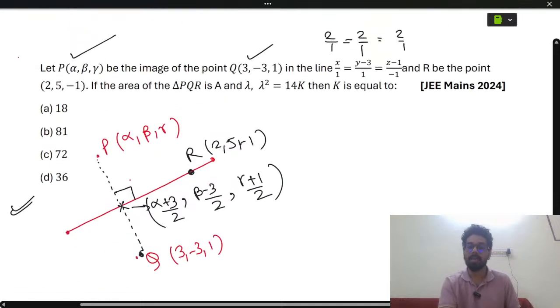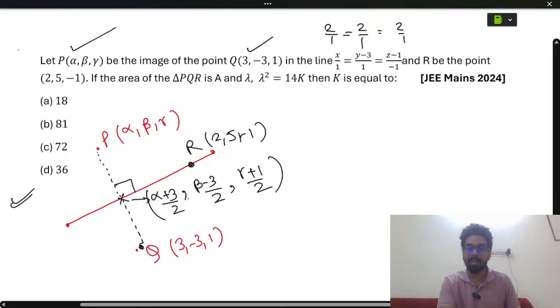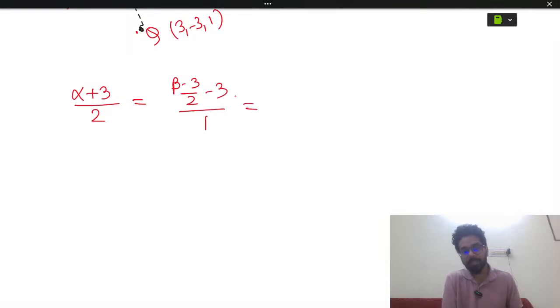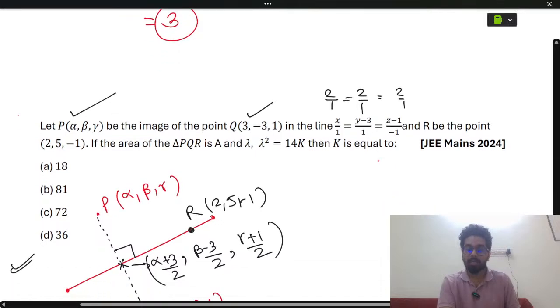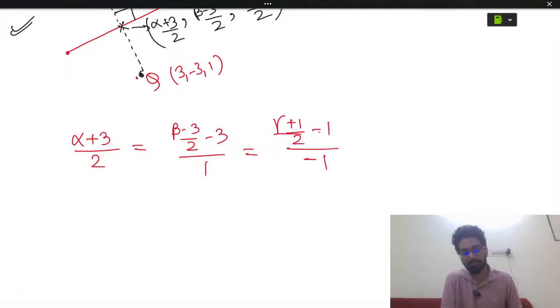In place of y, I am putting beta minus 3 by 2 minus 3 by 1, equals gamma, z is gamma plus 1 by 2 minus 1 upon minus 1.